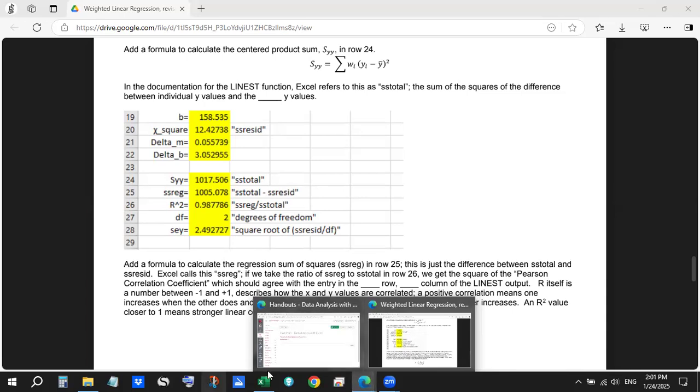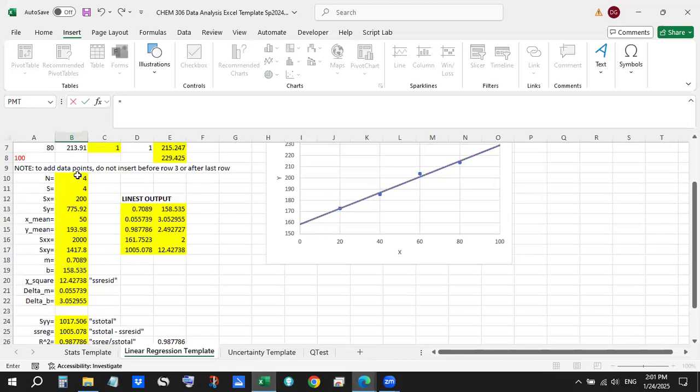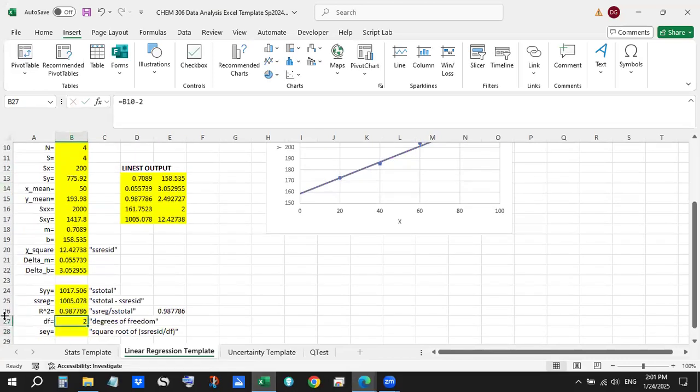So degrees of freedom is equal to n, this n right here, minus 2. The formula here is the number of data points minus 2.